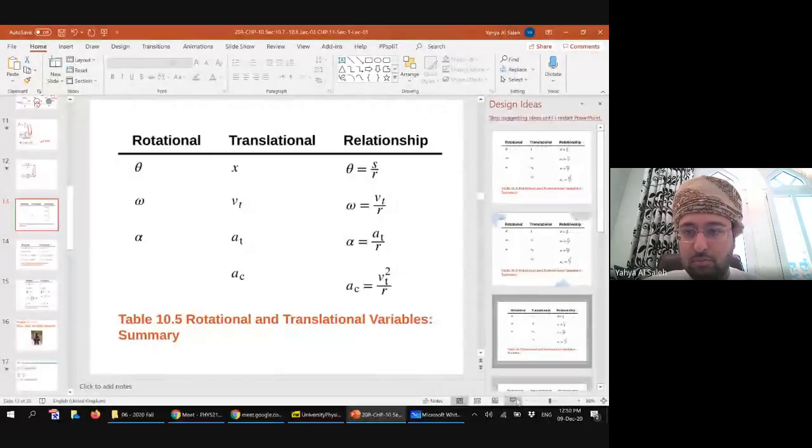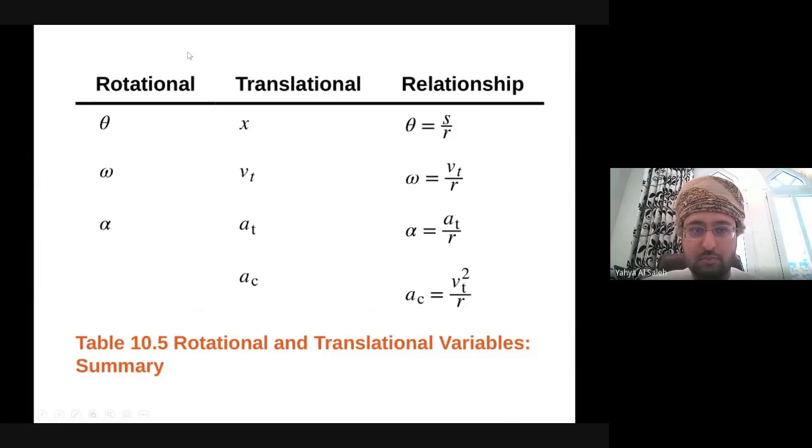So these are going to be really good summaries: theta, x, omega, v, alpha, a, t, and their relationships.